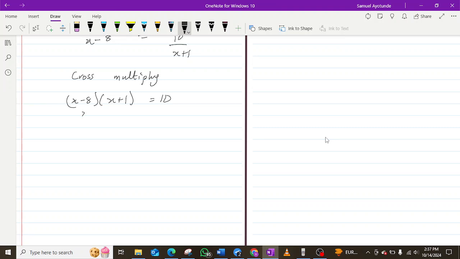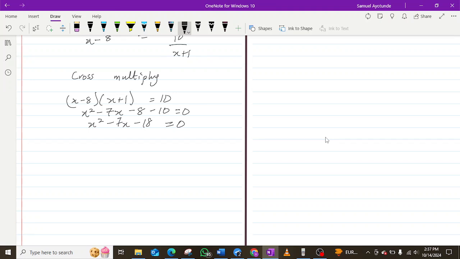So if I open up the bracket, I have x squared minus 7x minus 8. I take this 10 to the other side, minus 10 equals 0. So I then have x squared minus 7x minus 18 is equal to 0.